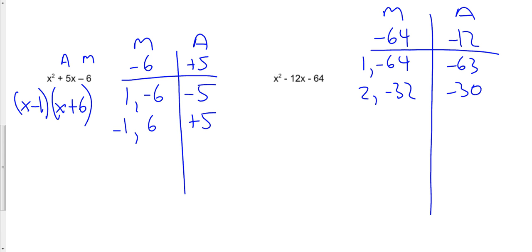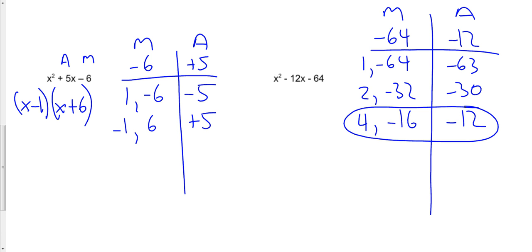Let's try 64 divided by 3. Does not divide evenly, so I'm not going to use that. Negative 64 divided by 4 gives me 16. So positive 4 and negative 16. If I add those two things together, it gives me negative 12. So this is what I'm looking for. This is the line right here. So I'm going to have x plus 4, x minus 16.